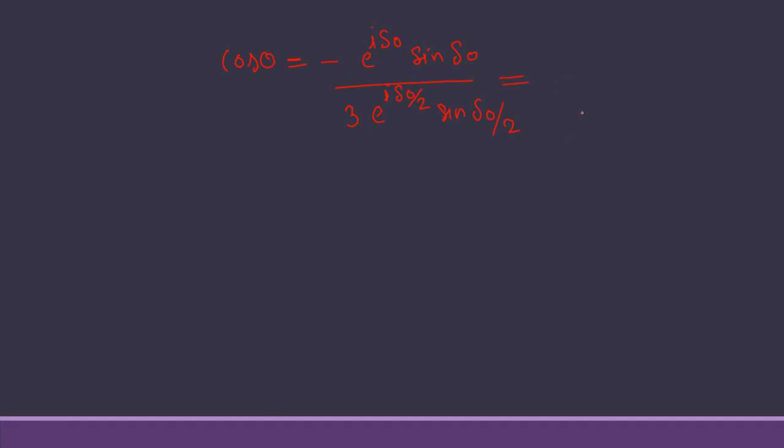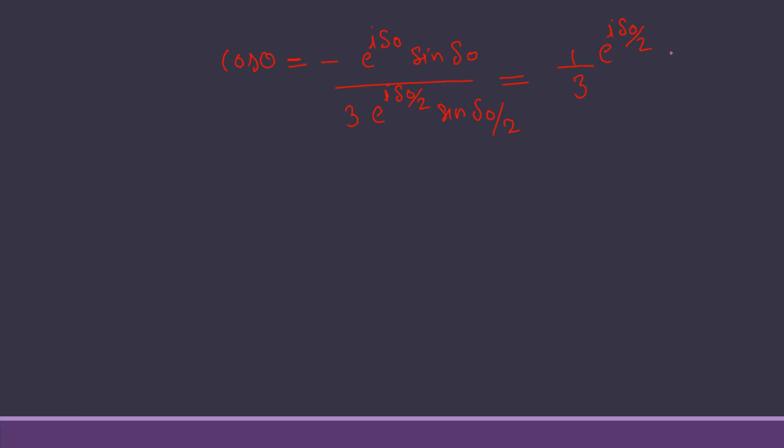Okay. So from here, if you take this denominator part to the numerator, you will get 1 by 3. So here you will get e to the power i delta naught by 2, because delta naught minus delta naught by 2 will become delta naught by 2.